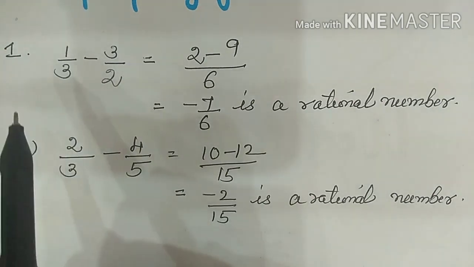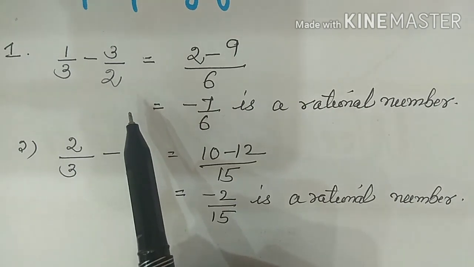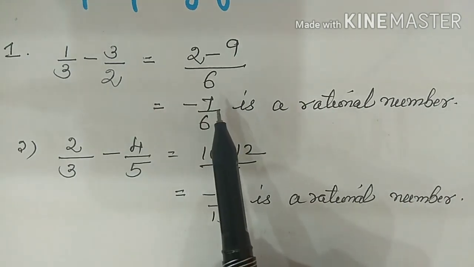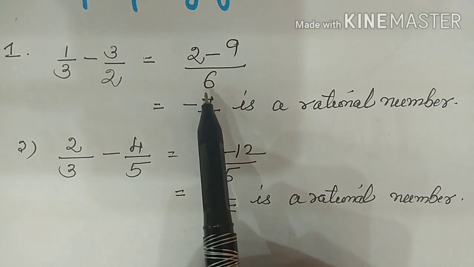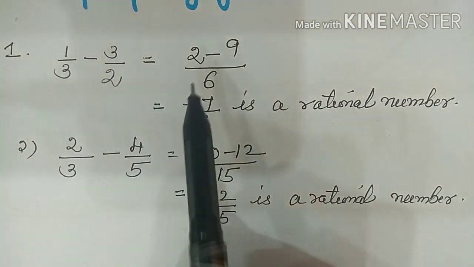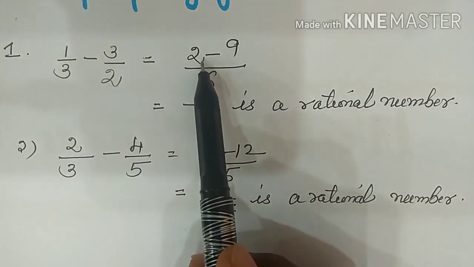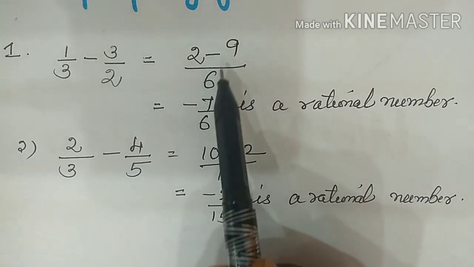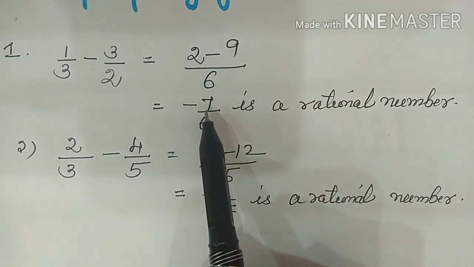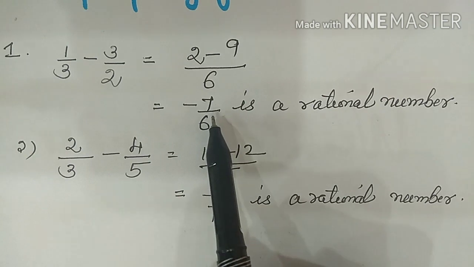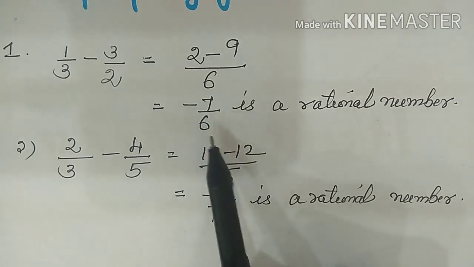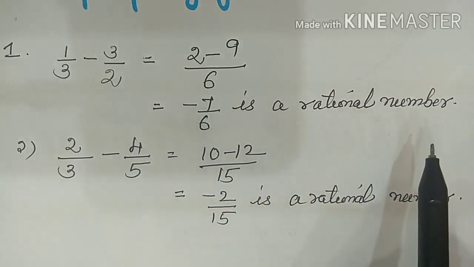So when the denominators are different, we have to take the LCM. LCM of the denominators is 6. Then on solving, the numerators will be 2 minus 9, which is minus 7 by 6. Now look, minus 7 by 6 is again a rational number.